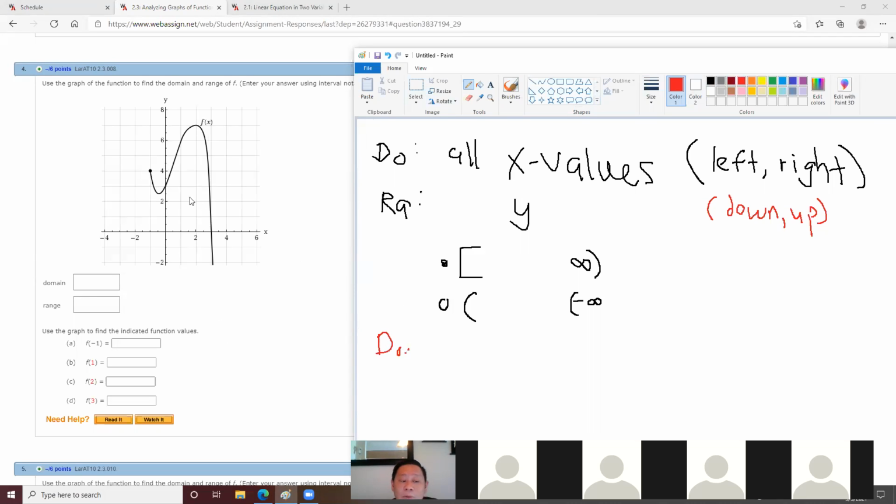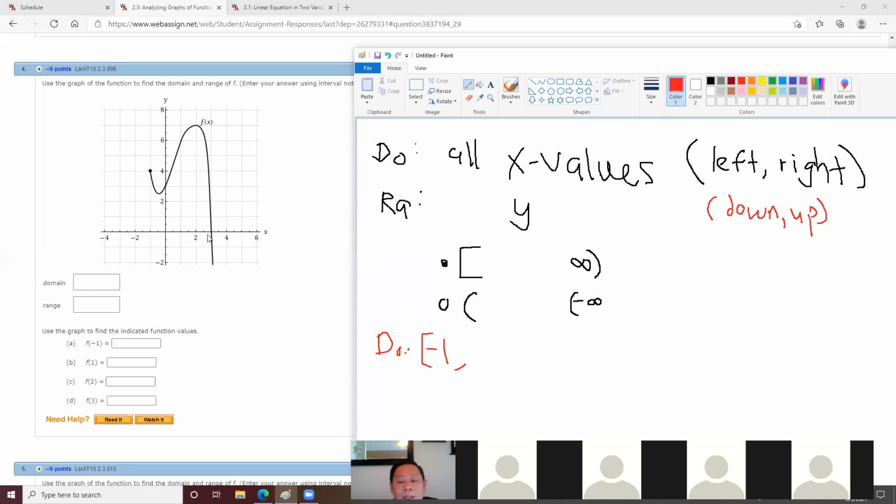How far left do we go here? Where do we stop? Does the graph cross at -4? -3, -2, -1, 0, 1, 2, 3. How far left does this graph go? -1. And since it is a closed circle, is that a bracket or parenthesis? Bracket.